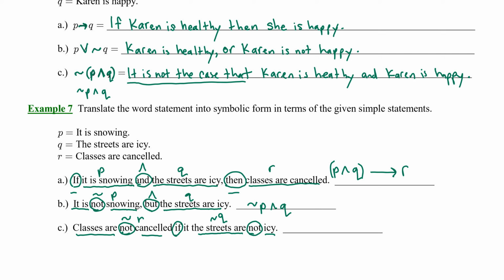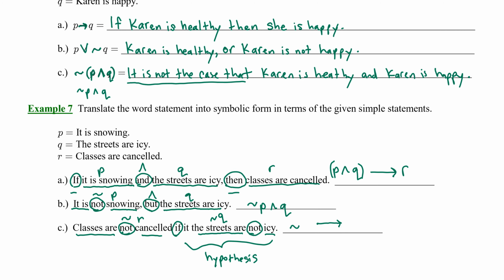When we write a conditional statement, the statement that follows if always goes on the left side of the conditional. When we write a conditional, the statement that follows if is the hypothesis. So this is the hypothesis. It has to go on the left side of the arrow.